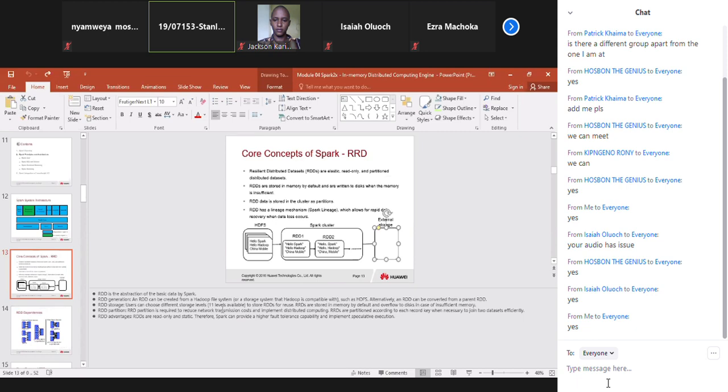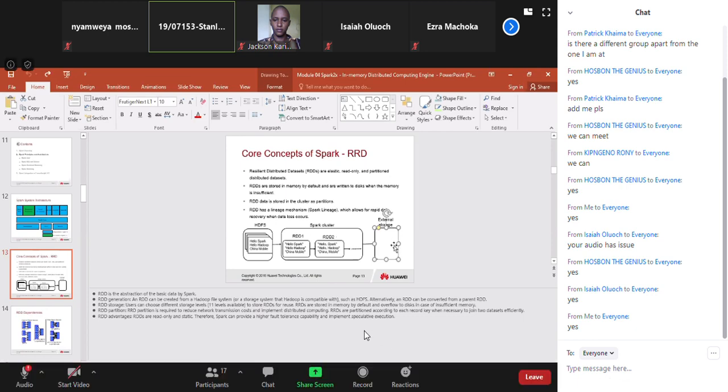We have 11 levels available to store RDDs for use. RDDs are stored in memory by default and overflow to disk, because here we are saying RDDs are generated from HDFS, and in the Spark cluster, if there is insufficient memory, they can be stored in the external storage.